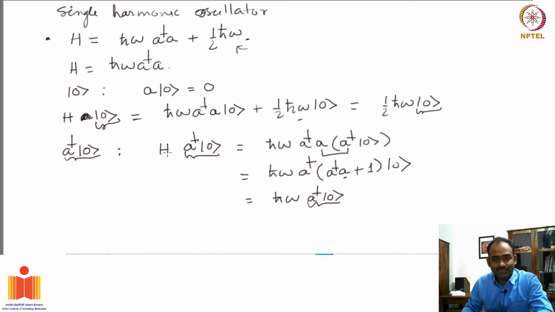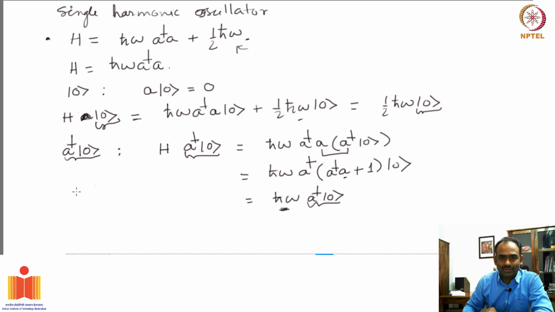So clearly the a dagger ket 0 state is an eigenstate of the Hamiltonian with energy h bar omega. And you already know that if I act with a string of a daggers on the ket 0, I go up the ladder and they all are eigenstates.